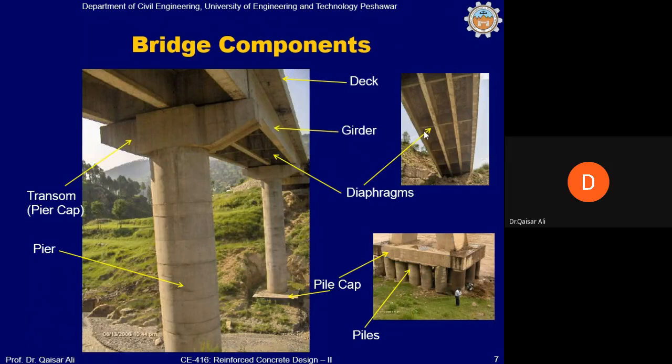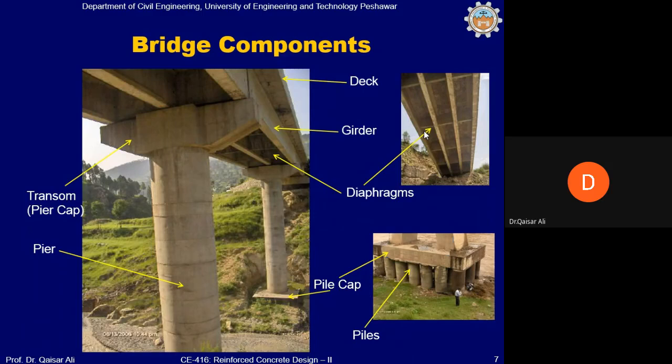So in the transverse direction, this connectivity through a beam is done in order to facilitate the distribution of load evenly on the girder, because as you know, when a vehicle passes over a bridge, some of the wheels will be directly coming on one of the girders, so it will load that girder, and all the other girders at that particular instant of time may not be taking any load if these girders are not connected along their widths as shown in this figure, which are called diaphragm.